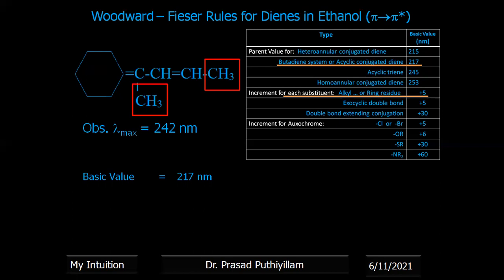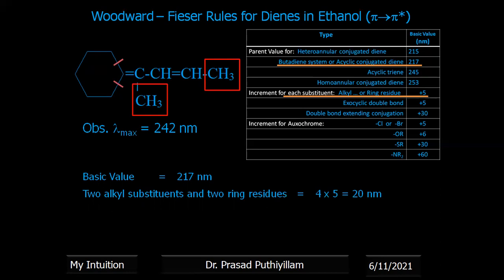Now it will be clear. This particular bond we can treat as a ring residue, and the second bond can also be treated as a ring residue. That means we have two ring residues. So two alkyl substituents and two ring residues, that means total 4, that is 4 into 5.